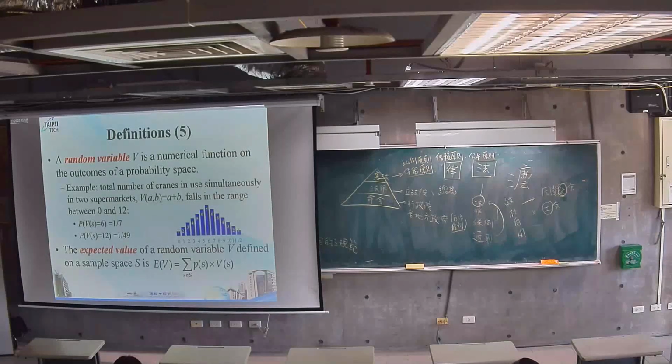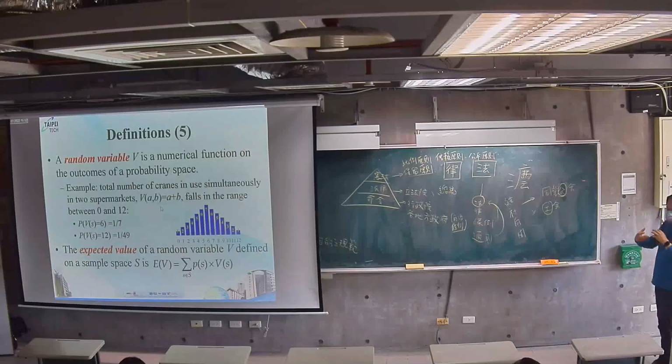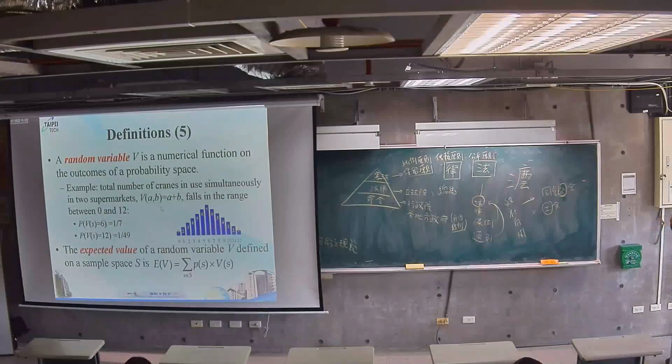Here, we just do the addition of the number of crayons in use for the 2 supermarkets. So we might have these random variables, which could be combinations, and we might check the total number of crayons in use. We can define it like this.